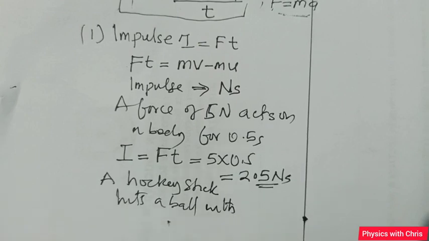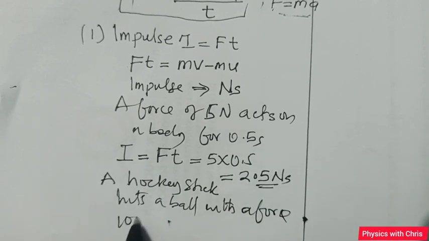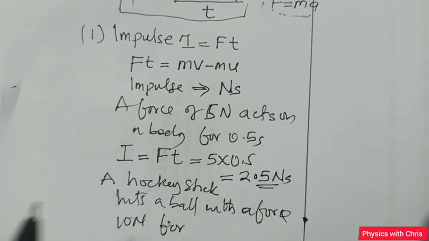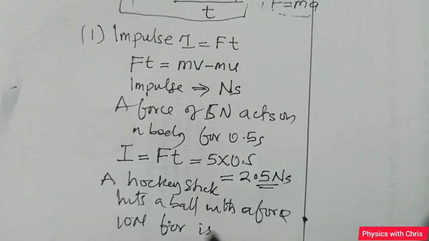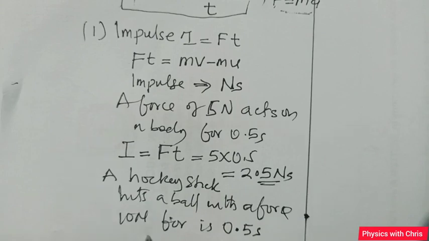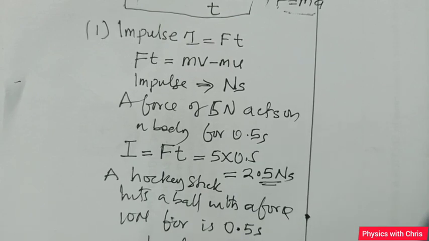Let's say the force exerted on the ball by the hockey stick is 10 Newton, and the time of impact, the contact time between the ball and the hockey stick, is about 0.5 seconds. So what is the impulse received by the ball? The impulse received by the ball is also given as 10 times 0.5. That gives you 5 Newton second.